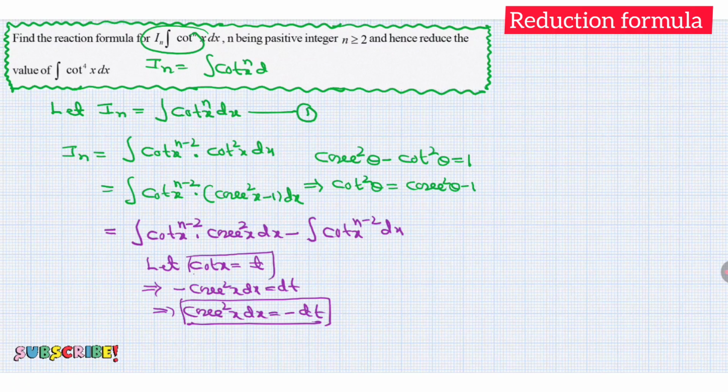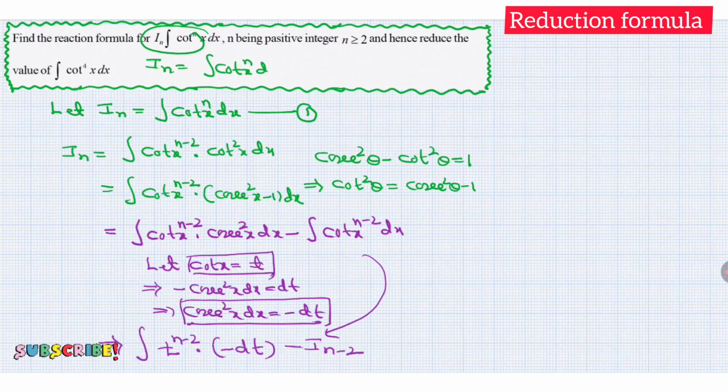Here these two values substituted in the above integral, then we get integration t power n minus 2 into minus dt, and this term is equal to I n minus 2 by equation number 1.